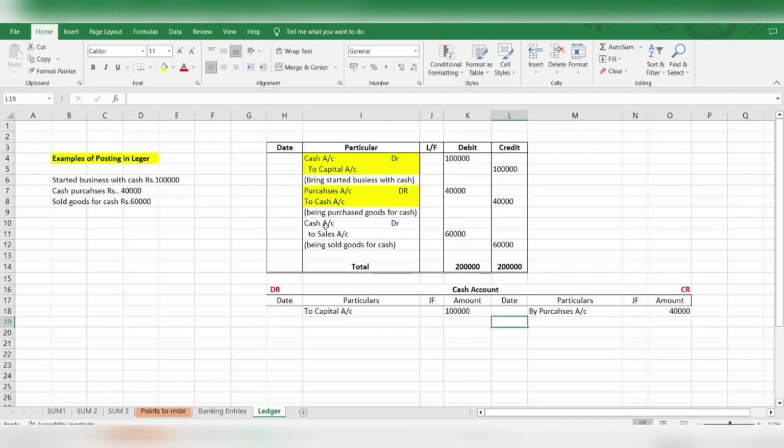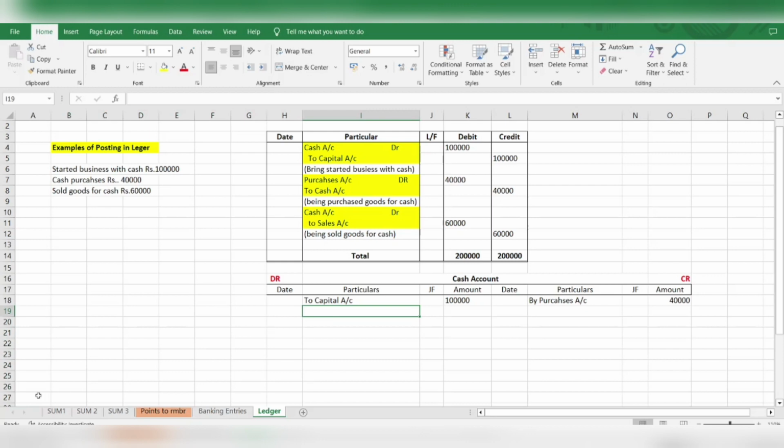Next entry we have is cash account debit to sales account. Here again cash account is debited to sales account for rupees 60,000. Now we have only 3 entries.